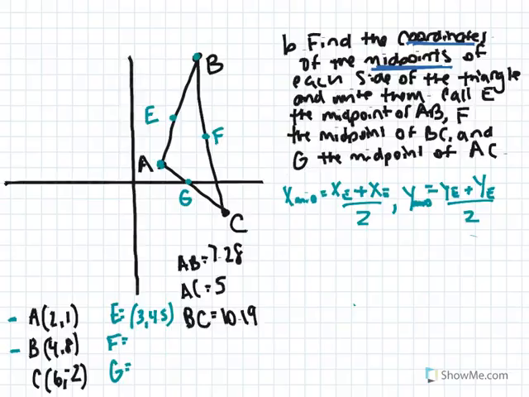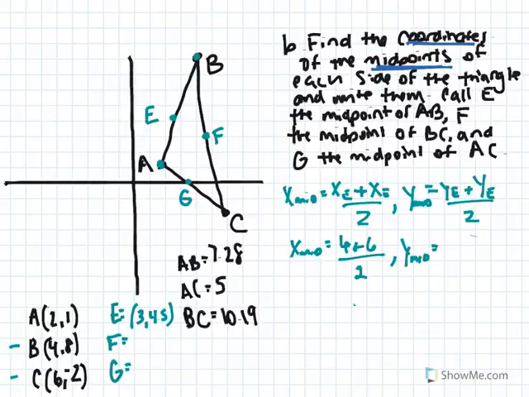All right, so I have X midpoint equals X endpoint plus X endpoint over 2. Y midpoint equals Y endpoint plus Y endpoint over 2. And I'm doing it with B and C, because I want to find F. So X midpoint equals X endpoint 4 plus X endpoint 6 over 2.